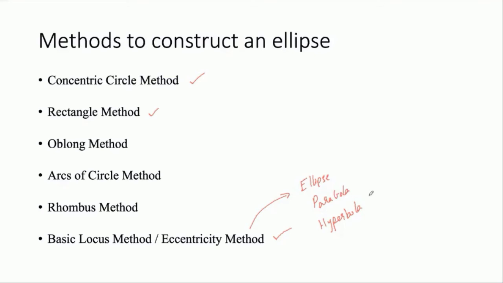But for parabola and hyperbola, we are going to study only the eccentricity method. We are not going to follow any other method for parabola and hyperbola. So make note of these methods: concentric circle method, rectangle method, oblong method, arcs of circle method, rhombus method, and eccentricity method.